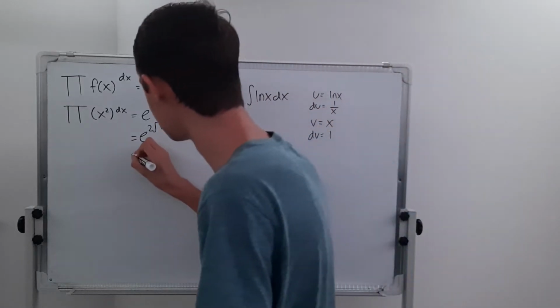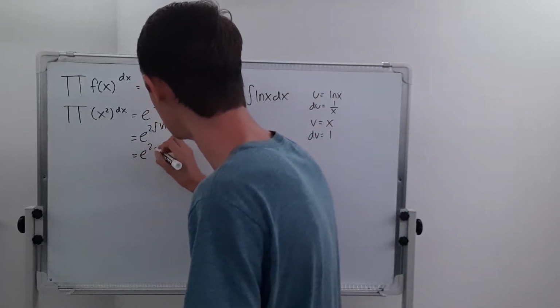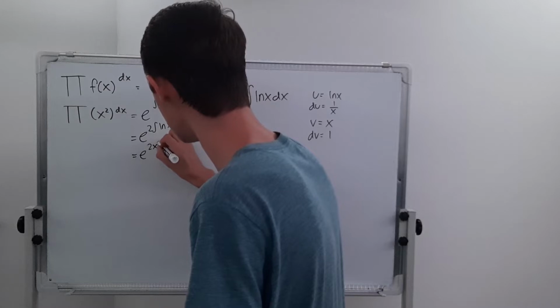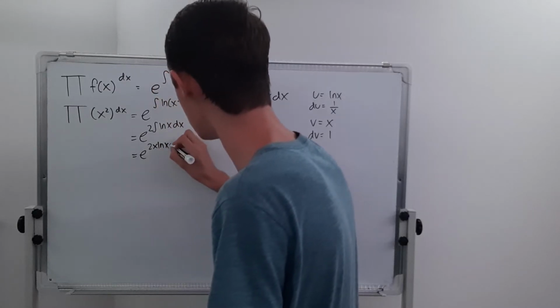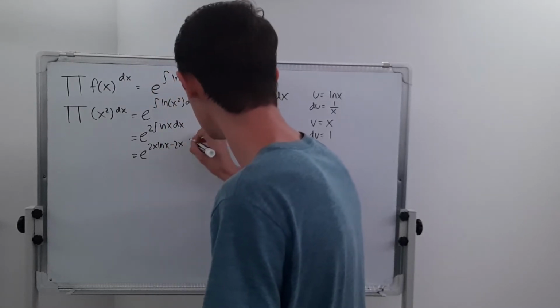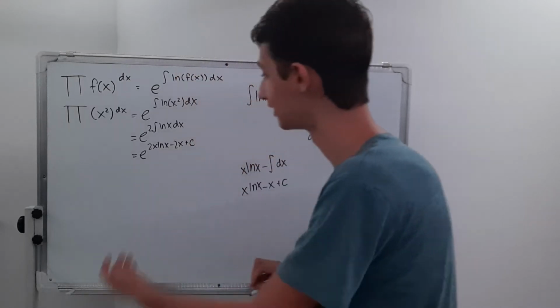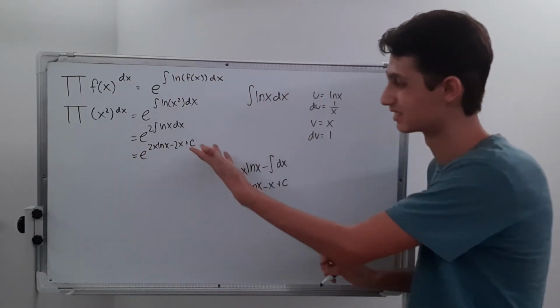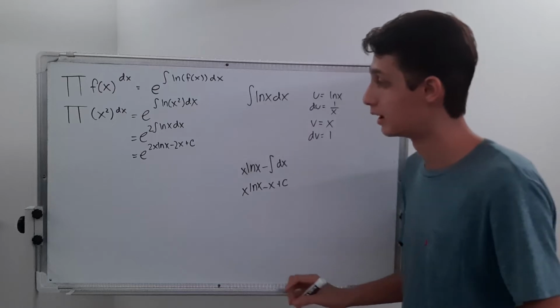So this is equal to e to the 2x ln x, and I'll do a minus 2x, and then plus c. I mean, it's 2c, but it's still just a constant, so it doesn't really matter.